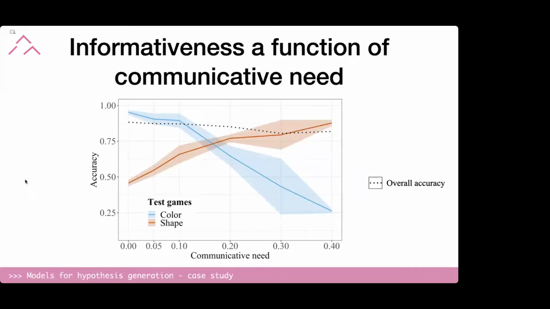That seems to me exactly the way that we would like things to proceed. The model has more of a shape bias as shape becomes more important for communicative need.